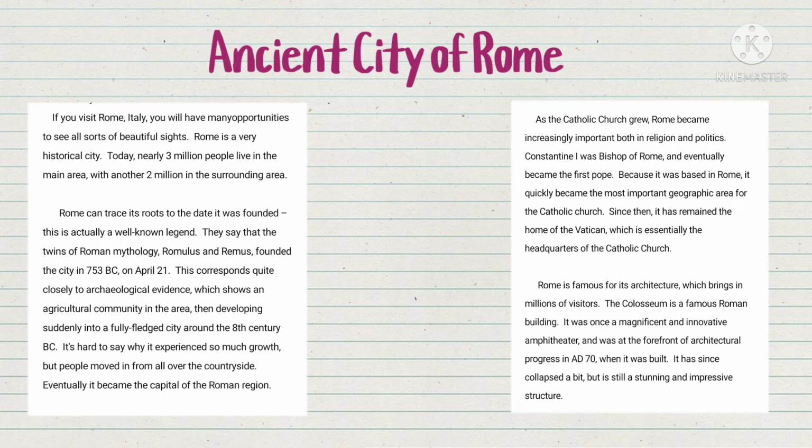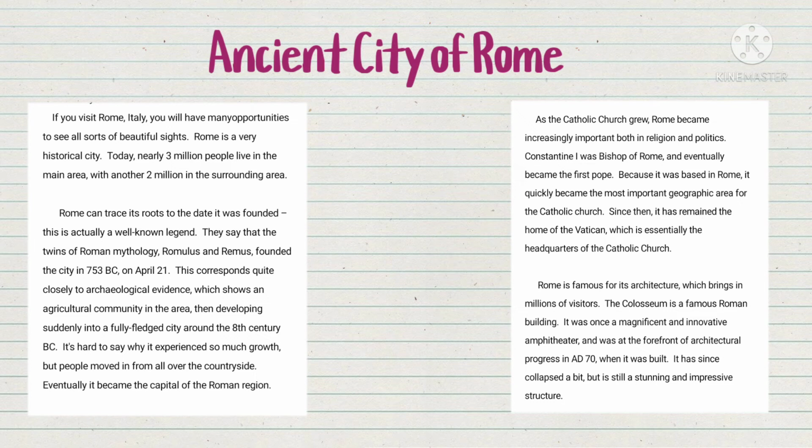As the Catholic Church grew, Rome became increasingly important both in religion and politics. Constantine I was Bishop of Rome, and eventually became the first Pope. Because it was based in Rome, it quickly became the most important geographic area for the Catholic Church. Since then, it has remained the home of the Vatican, which is essentially the headquarters of the Catholic Church.